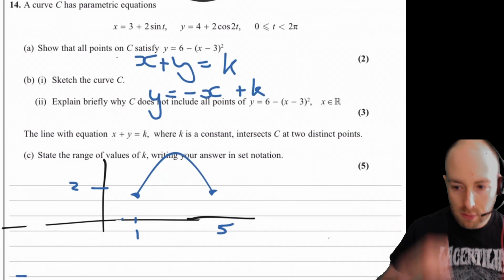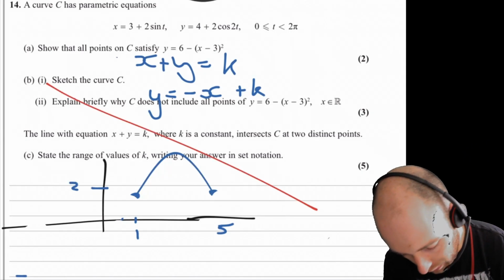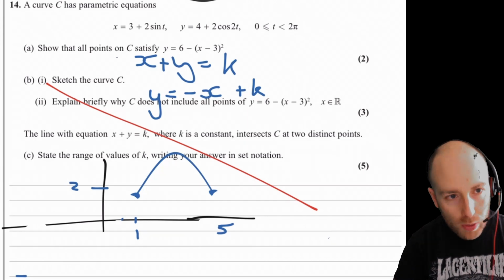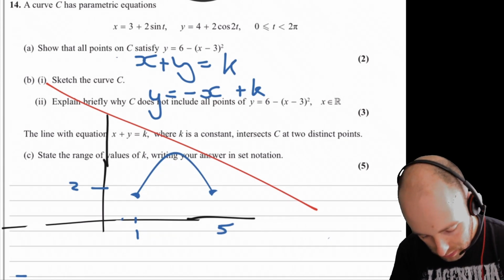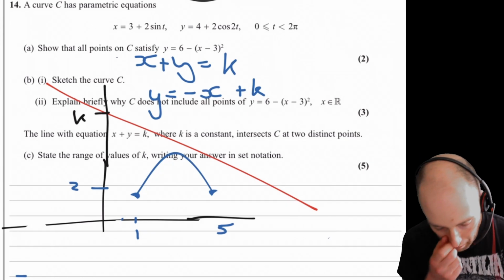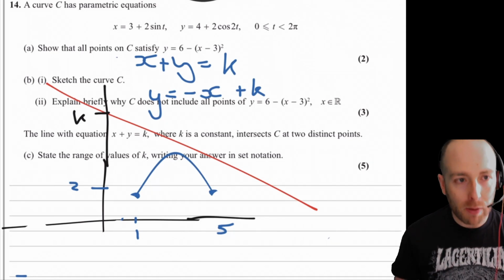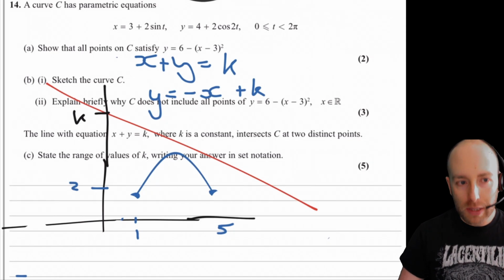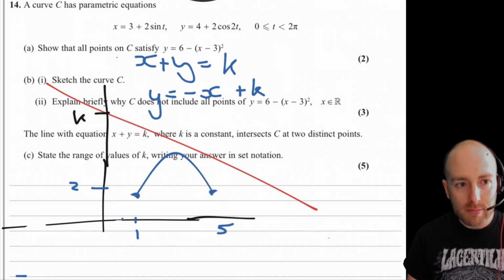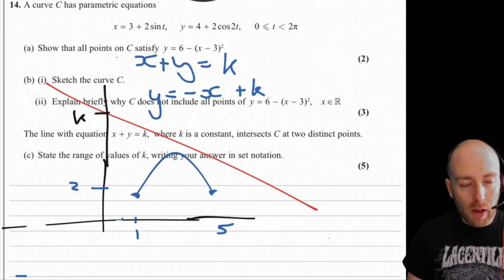So it's a negative gradient line, so something like that, which crosses at k. So we're trying to work out the values of k where it will cross twice.